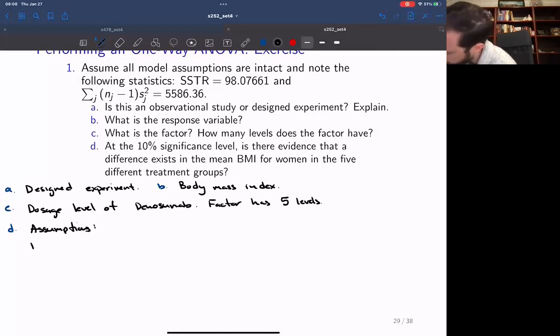Okay. So as a refresher, we have 4 assumptions.